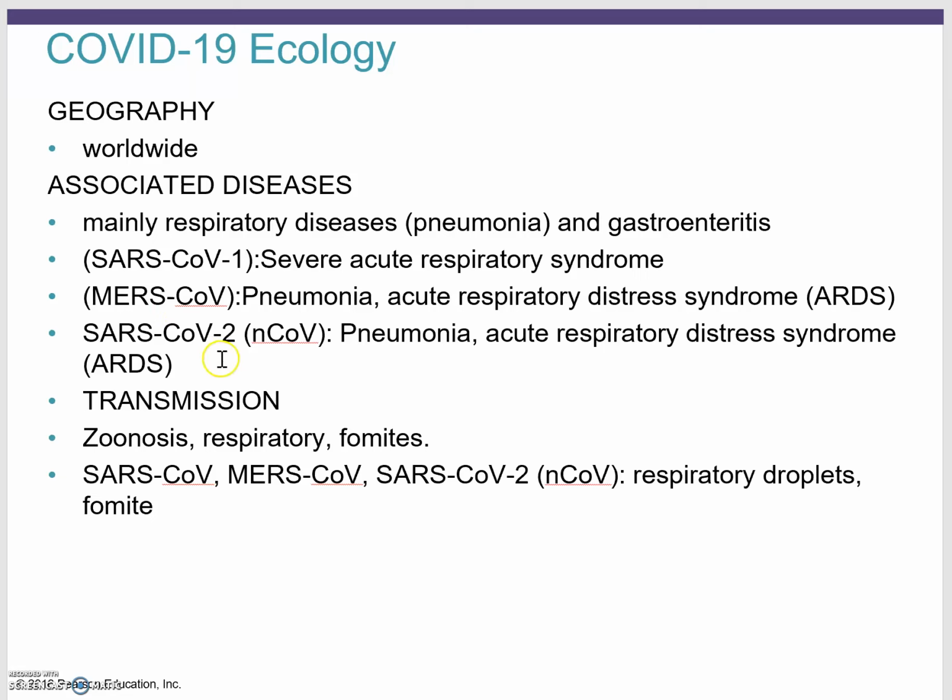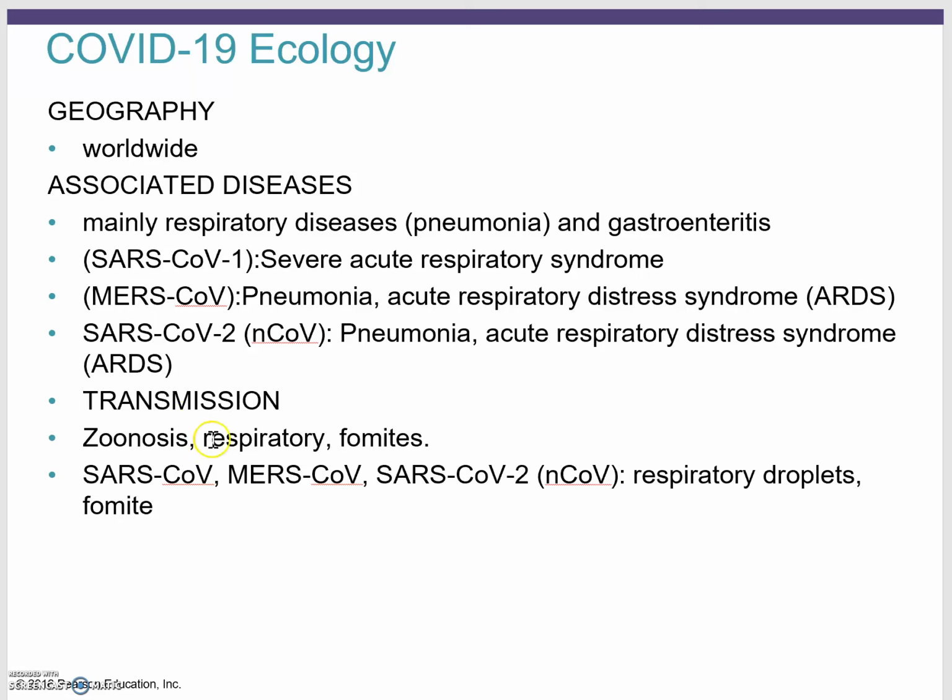And SARS-CoV-2, the novel coronavirus, causes pneumonia and acute respiratory distress syndrome. That's why people report that they can't breathe. As far as the transmission is concerned, people talk about a zoonosis here. That means it jumps from animals to humans. And that is not usual, but coronaviruses are actually pretty notorious for being able to do that.